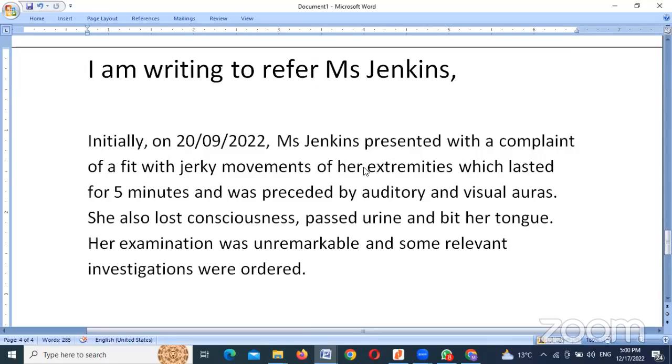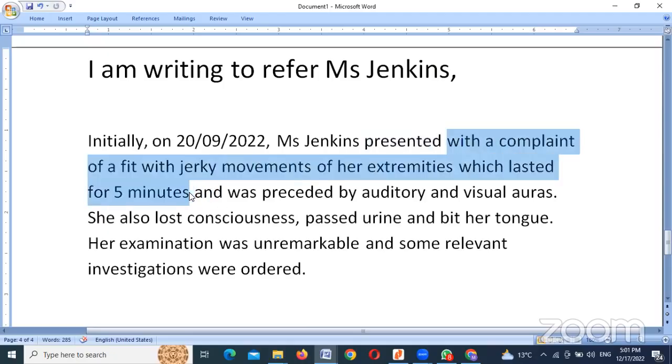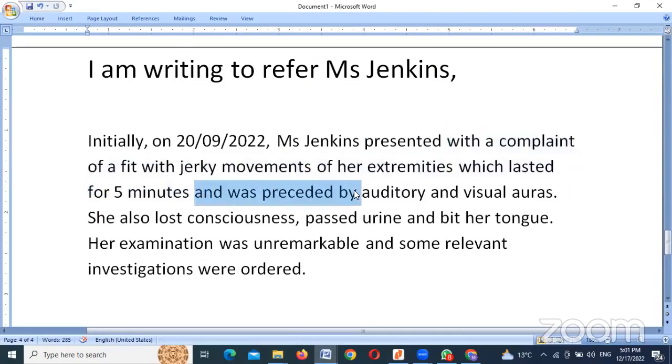Or you can write legs and arms also. That's not something very important. Okay, so with a complaint of a fit with jerky movements of her extremities, which lasted for 5 minutes. So it lasted for 5 minutes. This is a fit. Okay, I'm writing about the fit. It lasted for 5 minutes and was preceded by auditory and visual auras.